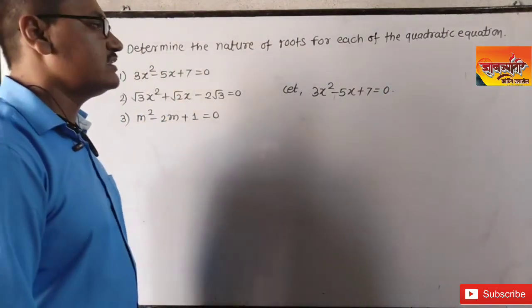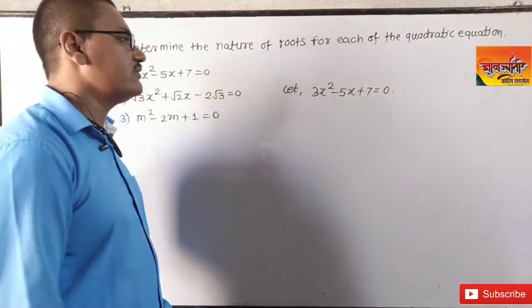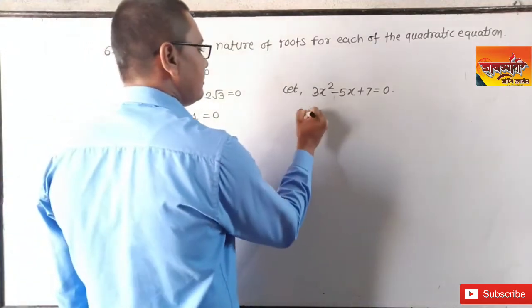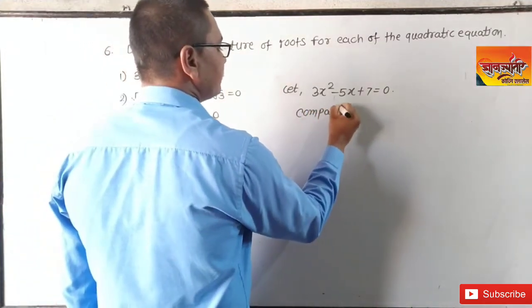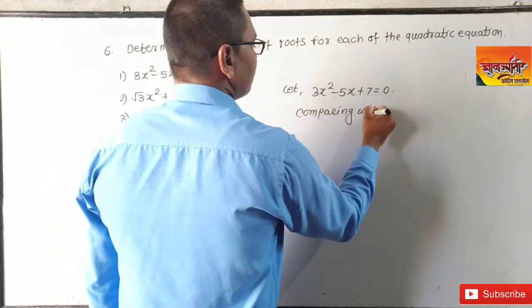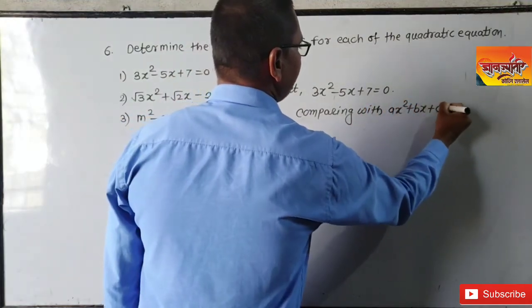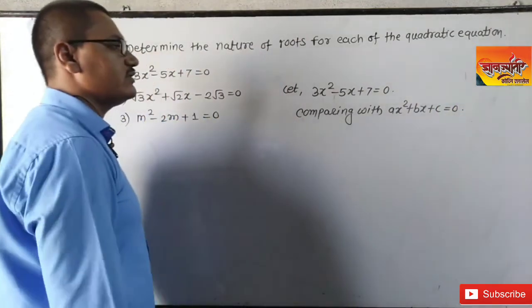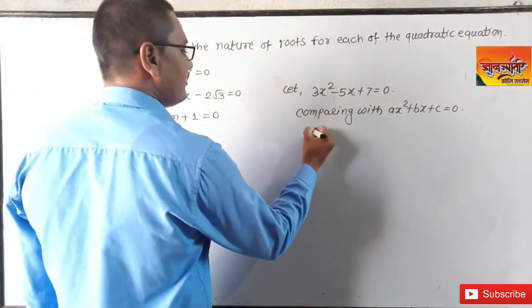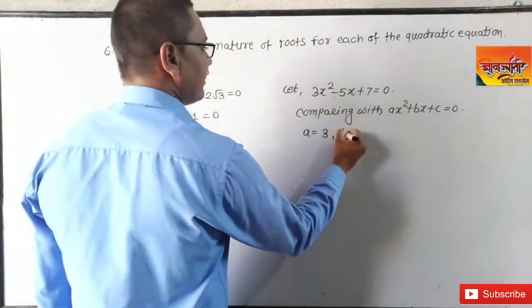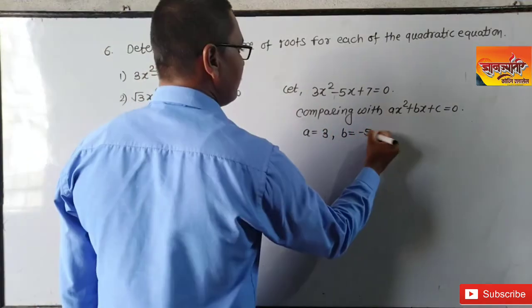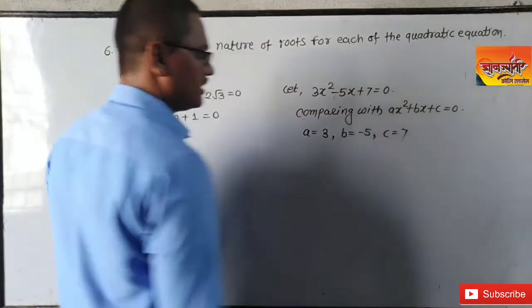First we compare with the standard form ax square plus bx plus c is equal to 0. We get a is equal to 3, b is equal to minus 5, and c is equal to 7.